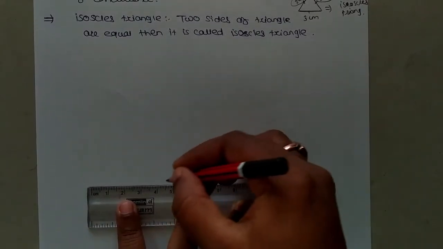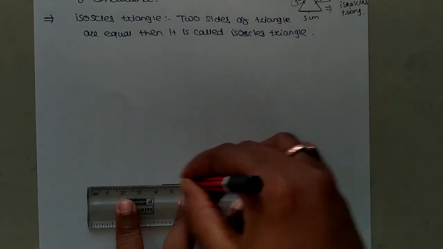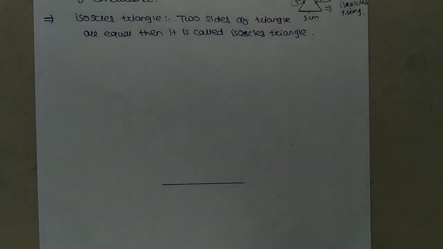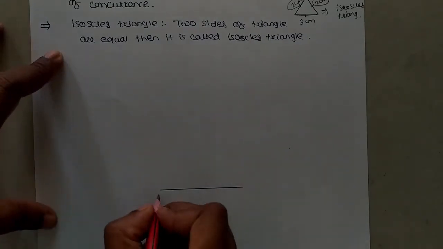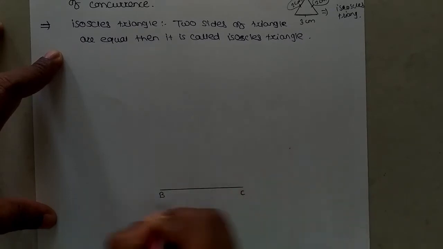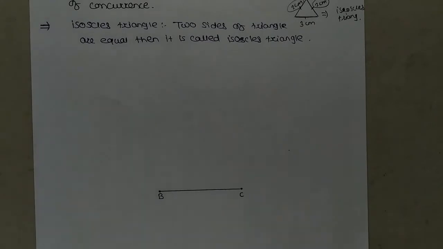We have to draw one base of this triangle, this one. Suppose this one is called BC. Clear?